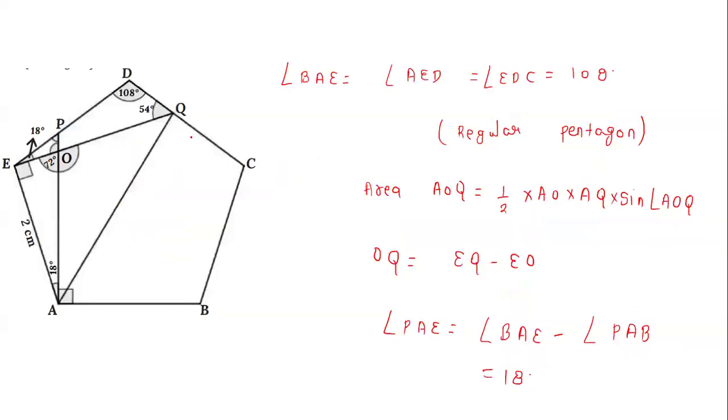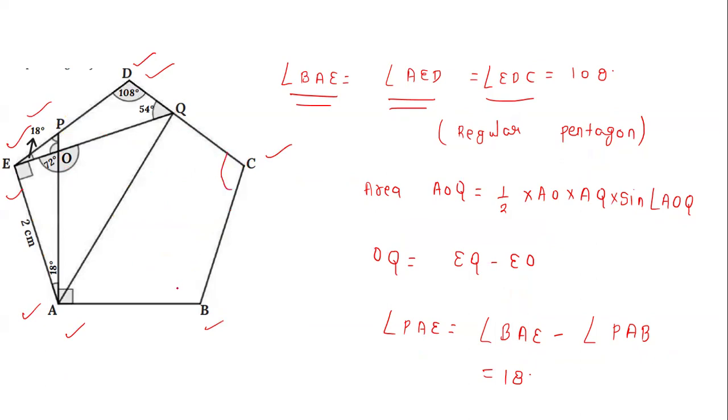So you see this figure. In this figure, you can see that angle BAE, angle AED and angle EDC are all equal to 108 because this is a regular pentagon. In a regular pentagon, all angles are 108.